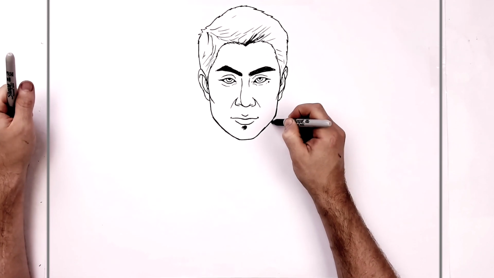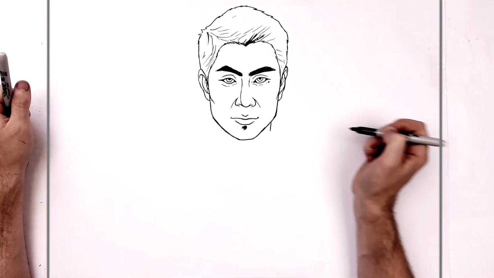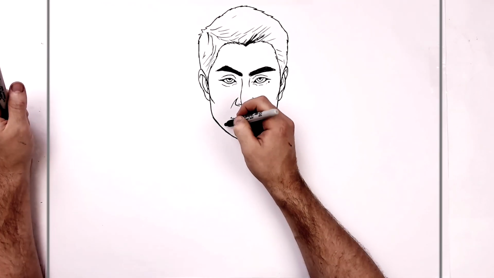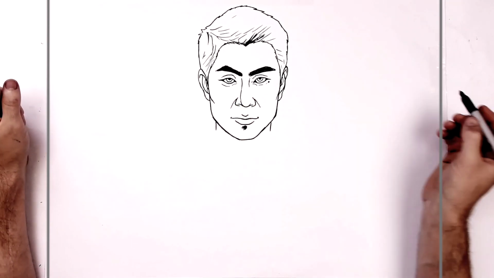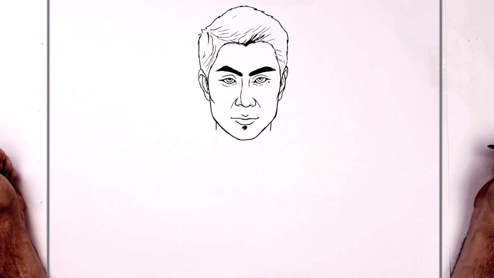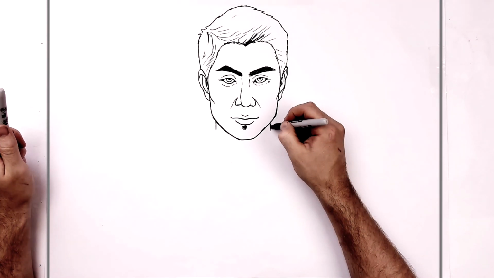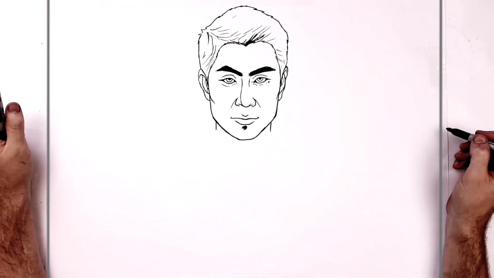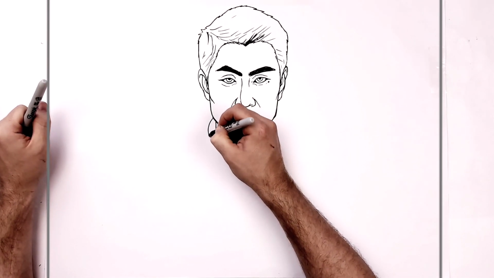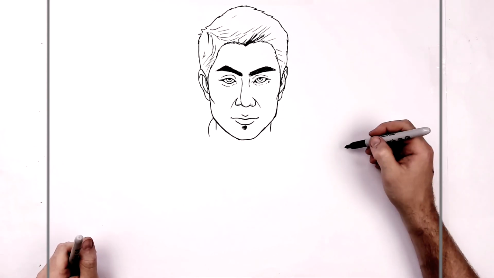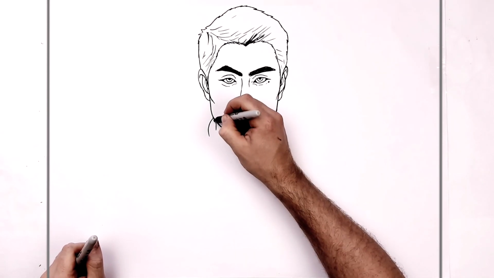So then his neck comes down like so. And his neck will come down from his jaw on this side. Roughly. There. And then we have a collar. So there's a black and a red, right? So this is the black part.